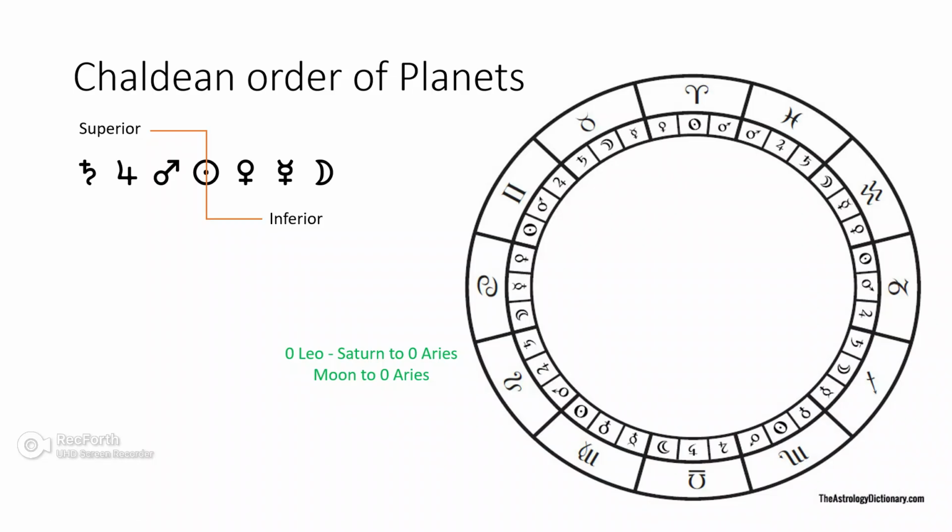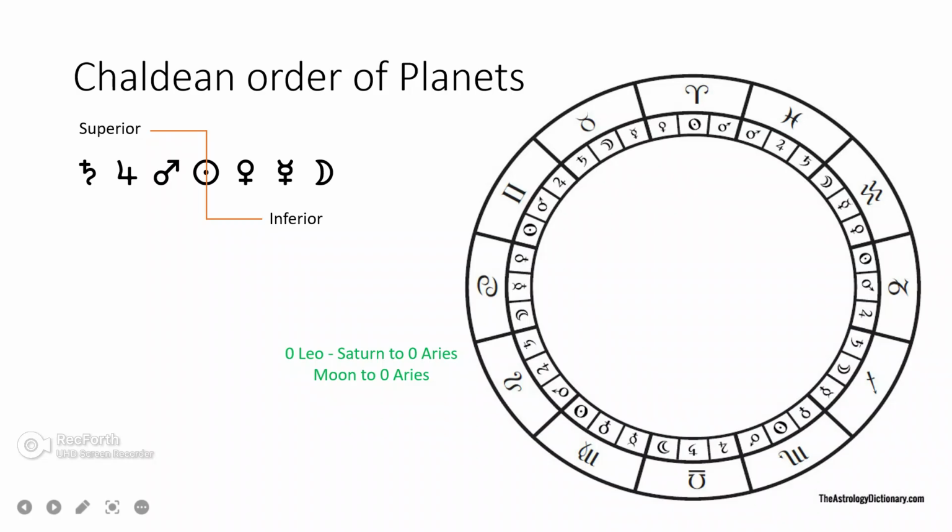Now, it so happens that after starting at Virgo and ending at Pisces, the remaining first decans of the signs that we have not used, it was Mars for Aries, Mercury for Taurus, Jupiter for Gemini, Venus for Cancer, and Saturn for Leo.